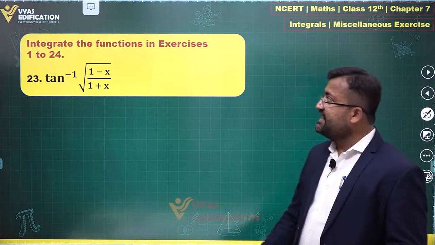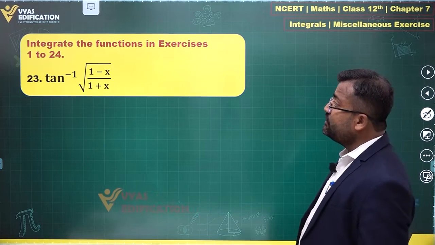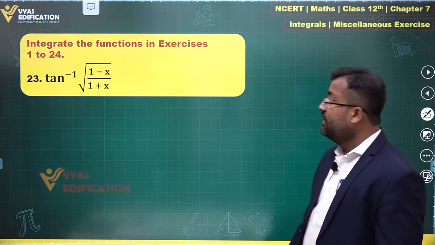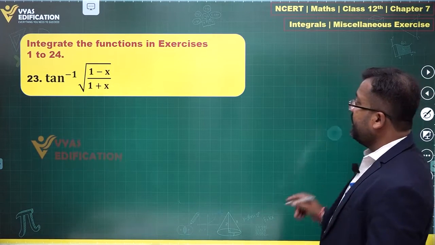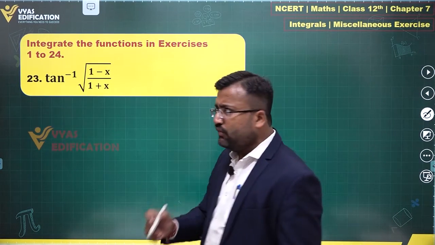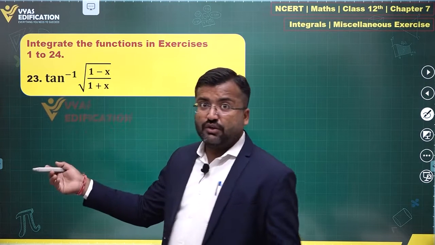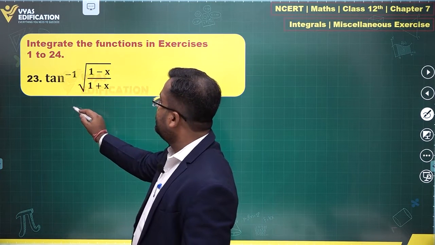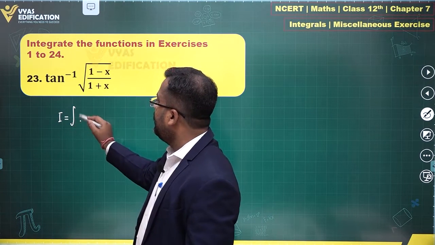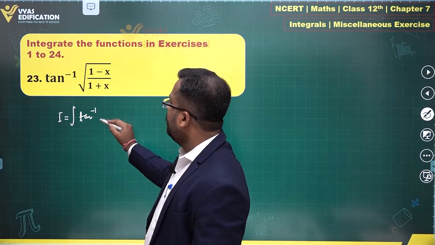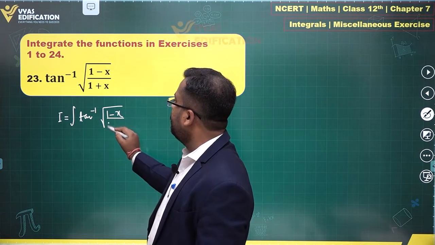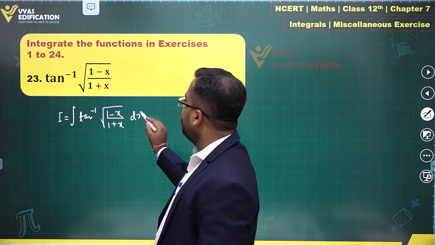Question number 23 says integrate tan inverse root of 1 minus x upon 1 plus x. Now the moment I see that 1 minus x upon 1 plus x under root, I feel like substituting x equal to cos 2 theta. So I is integral of tan inverse root of 1 minus x upon 1 plus x dx.